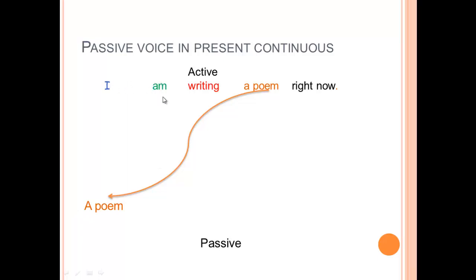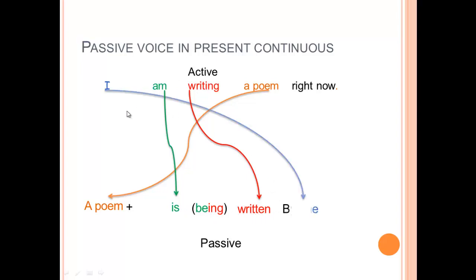Okay, am is verb to be, but a poem would not go along with am, so it takes is. A poem is. Okay, as for the ing, we add being. The verb or the action itself would be in verb 3 or past participle, so it'd be like written. So I'm writing is formed as is being written. And finally, by whom?